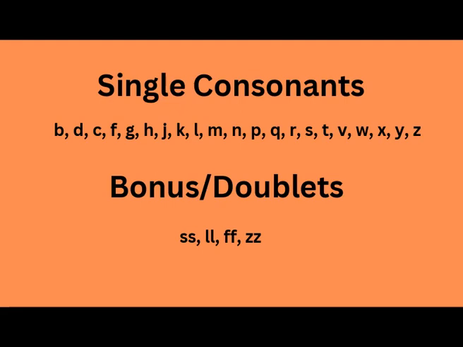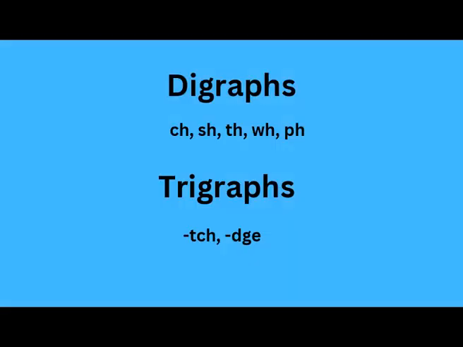A doublet letter is a double letter where you double the letter and it still represents that one phoneme. So these are SS, LL, FF, and ZZ. We double these letters when they come at the end of a one-syllable word with a short vowel.